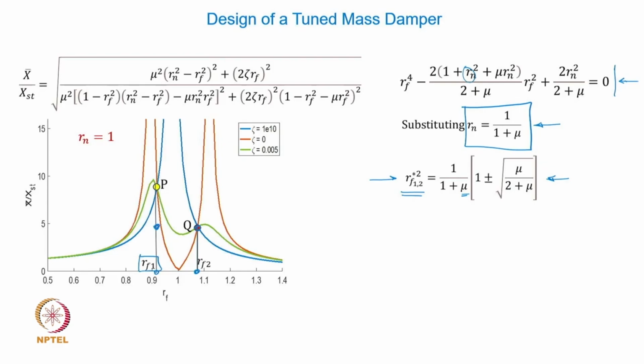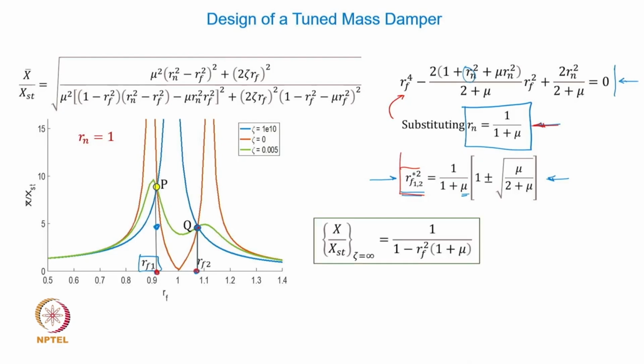Okay, now if you choose the value of natural frequency ratio tuned following this expression and use it in the expression for the force frequency ratio obtained from this expression, then you will have an expression for the force frequencies which are corresponding to these 2 points xp and xq, and then what we can actually do is to use the expression for the response corresponding to this zeta equal to infinity.